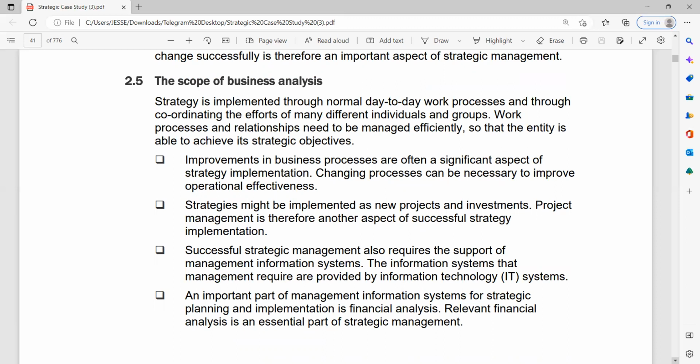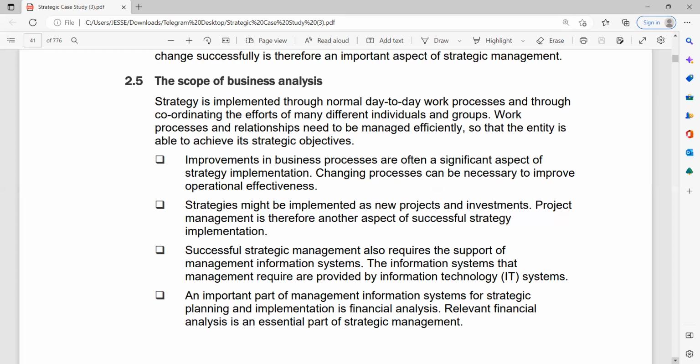One of the things you need to know when it comes to business analysis is that work processes and relationships need to be managed efficiently so that the entity is able to achieve its strategic objectives. Improvements in business processes are often a significant aspect of strategy implementation. Very, very important.